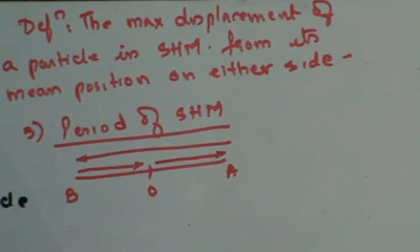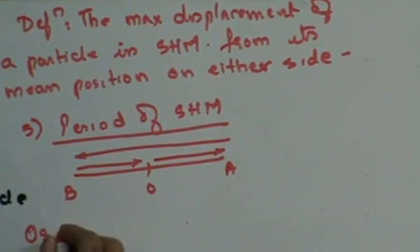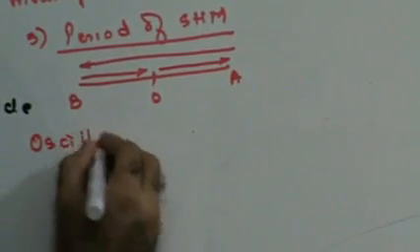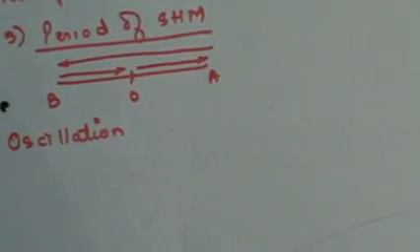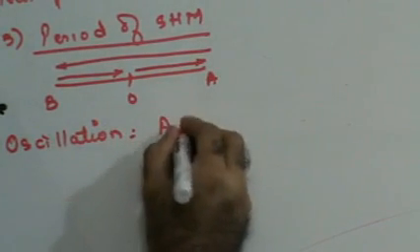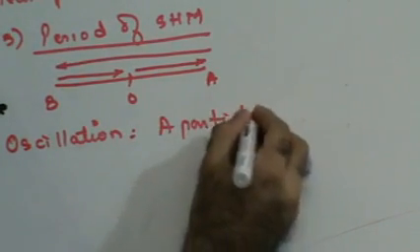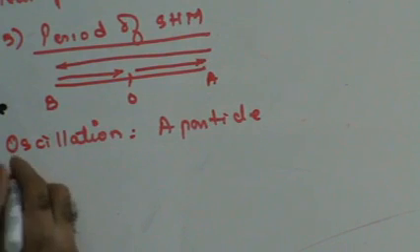So, first of all, what do you mean by oscillation? How do I define oscillation?